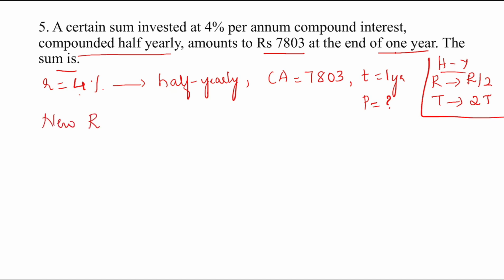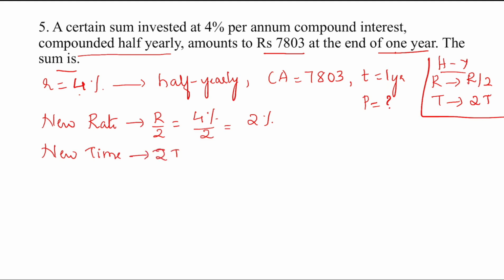New rate will be R by 2, which is equal to 4% by 2, which is equal to 2%. And what will be the new time? New time is 2 into t, which is 2 into 1 year, which is equal to 2 years. So this is our new time.